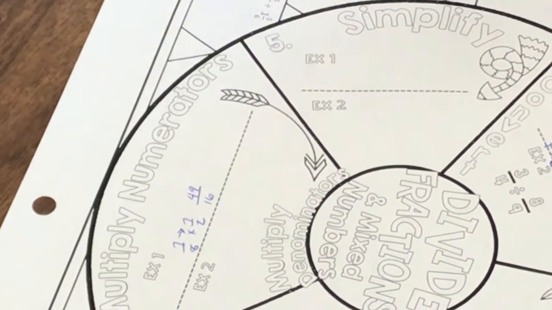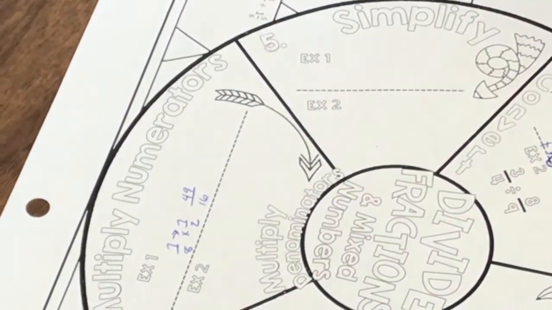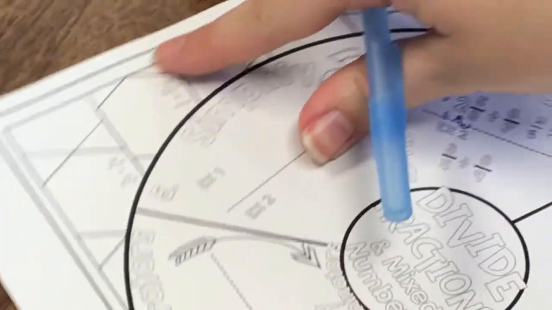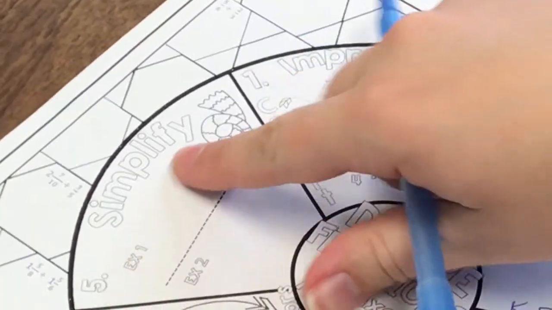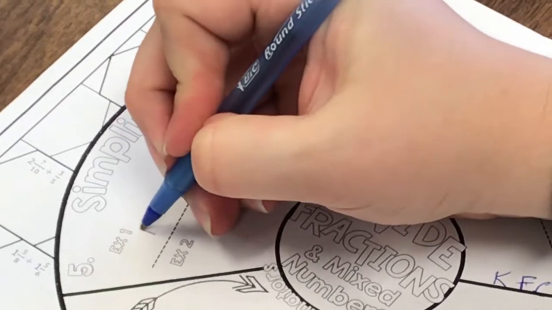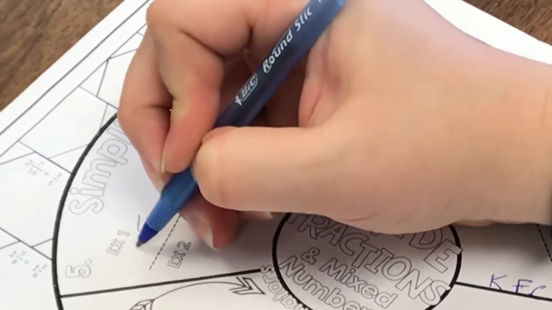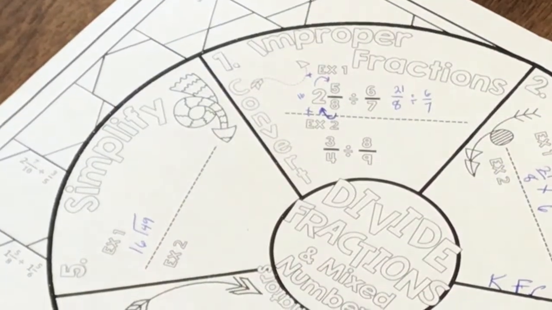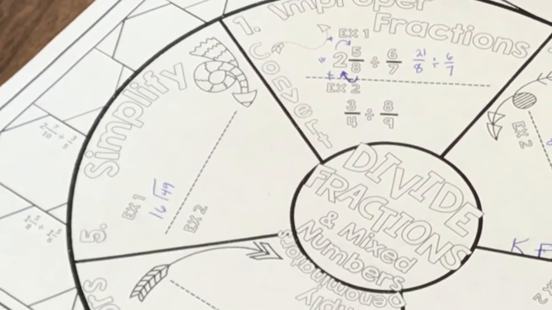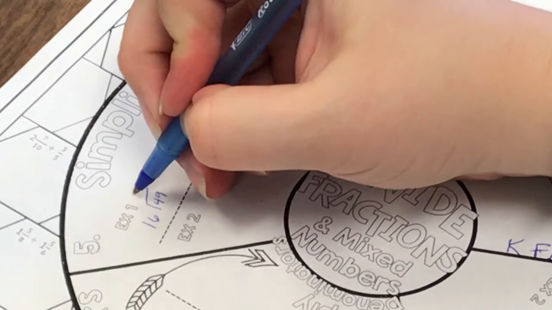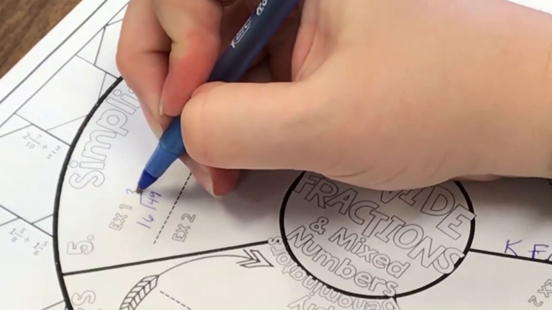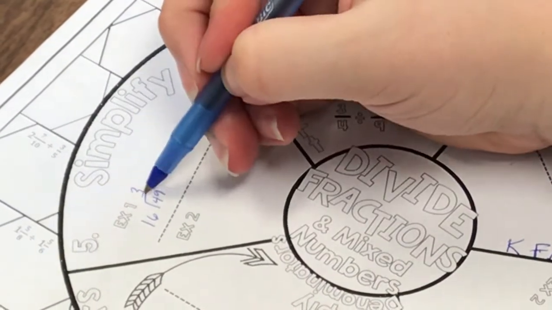As we've learned the last few lessons, that means you have to shove the top number over, and that's what number 5 is. It's saying to simplify. So if I shove the top number over, it goes 49 to 16. And if I divide that, I have an answer of 3.